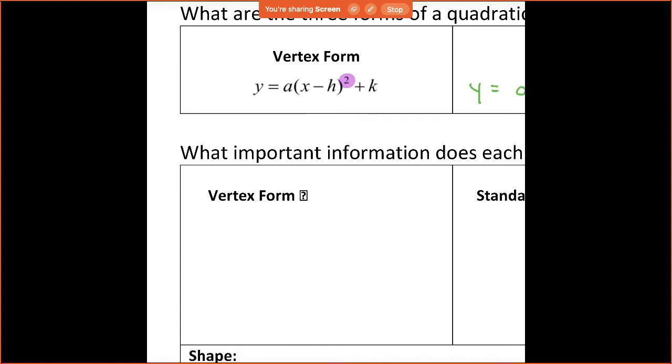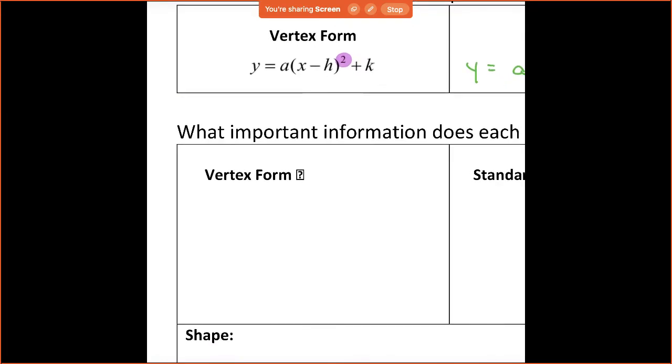This will give us our vertical shift. This will give us all of that information, but we'll learn that a little bit later. The first and most important thing we get from it: if it's called vertex form, it makes sense that we are going to be given the vertex, that low point or that high point.